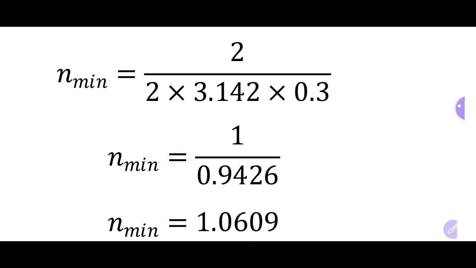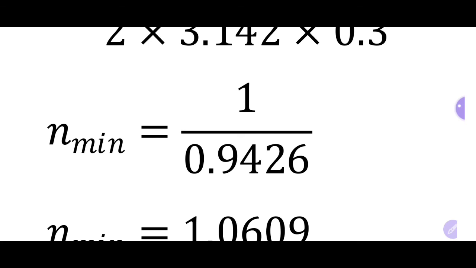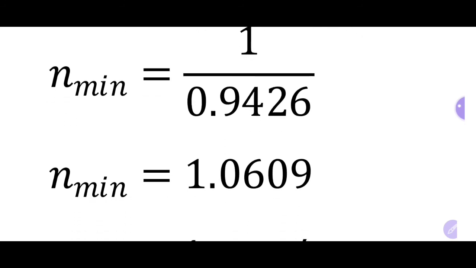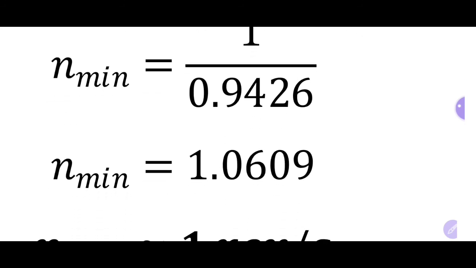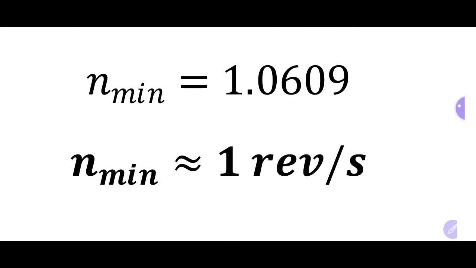Solving these numbers, we get n minimum is equal to 1 upon 0.9426, and on dividing we get n minimum is equal to 1.0609. As 0.0609 is a very small number, we can neglect it, and so we can take n minimum as nearly equal to 1 revolution per second. This is the minimum possible frequency by which the ball will retain its circular motion inside the given funnel.